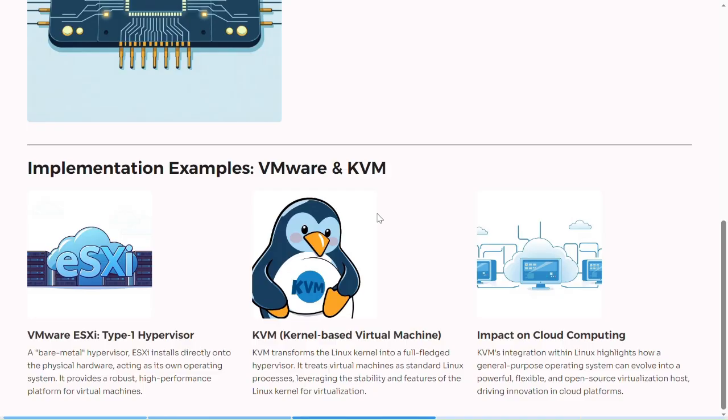It's the engine that powers the modern cloud because it is open source and incredibly flexible. So whether it's the software trick or hardware-assisted brute force, virtualization allows one server to do the work of 50.